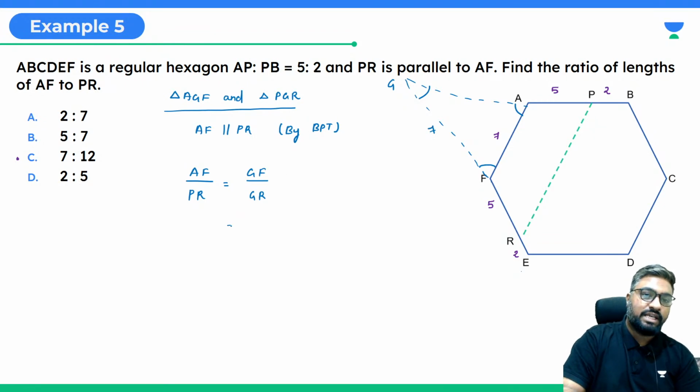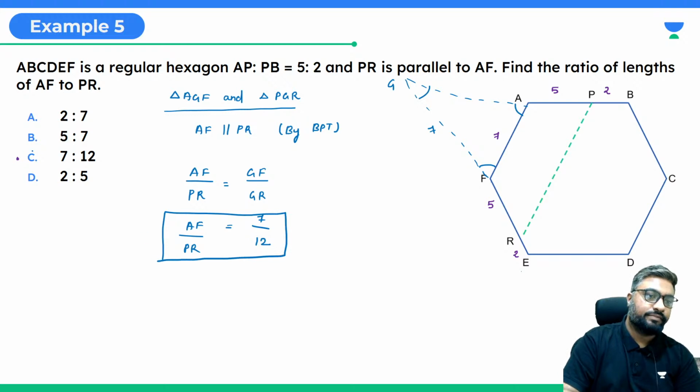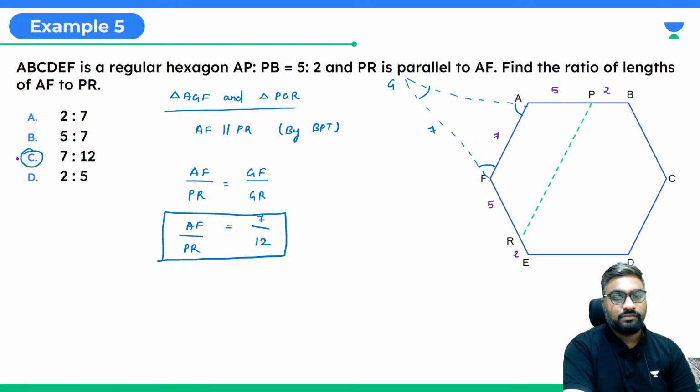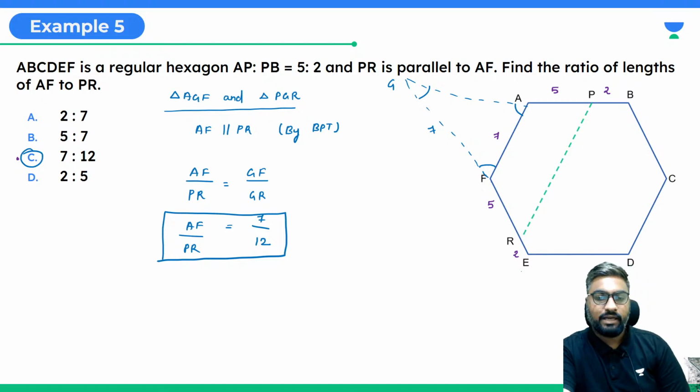So what is GF? GF is 7. What is GR? GR will be 7 plus 5, 12. This is our ratio. AF to PR ratio is 7:12. Got it? Clear? Done? We'll move on to the next.